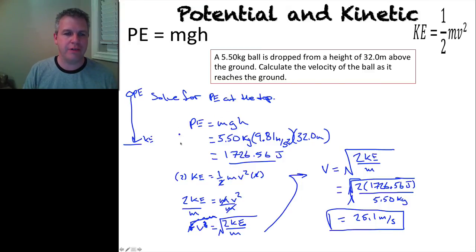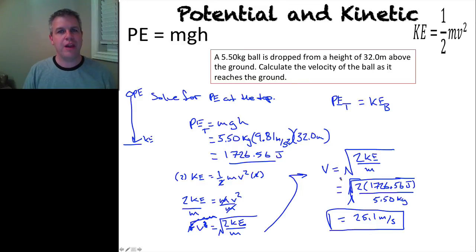Here I'm just going to review what we did. I solved for the potential energy of the object at the top. I know in this relationship that potential energy at the top is equal to kinetic energy at the bottom, so I used my value to solve for velocity in the kinetic energy formula.